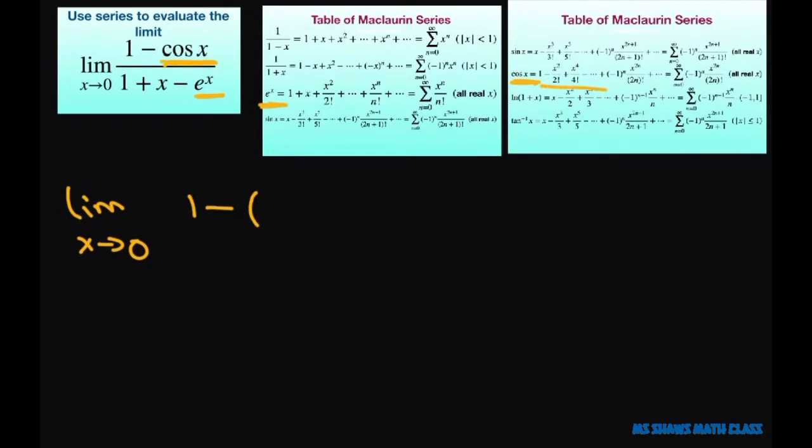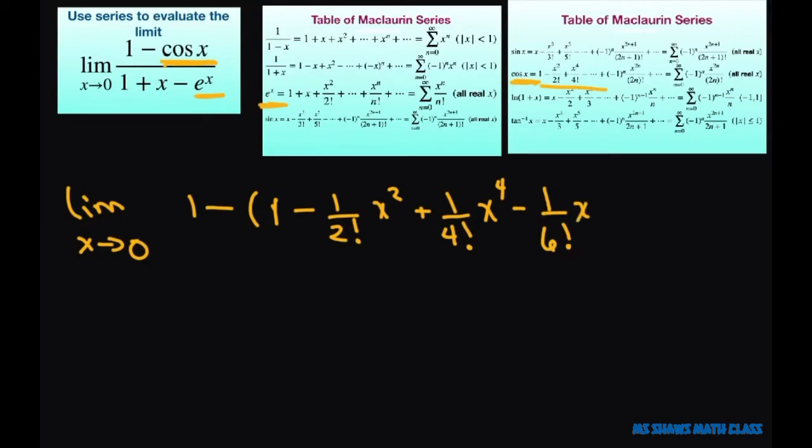So we're going to write this as 1 minus 1 divided by 2 factorial times x squared plus 1 divided by 4 factorial times x to the power of 4 minus 1 divided by 6 factorial times x to the power of 6 plus ... All right, so that's your numerator.